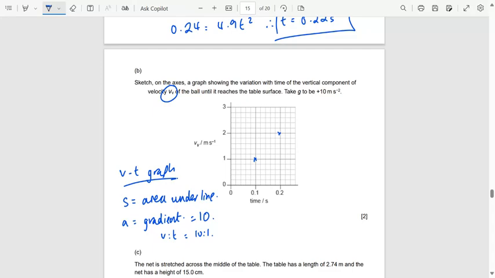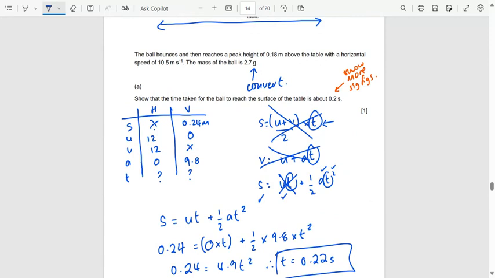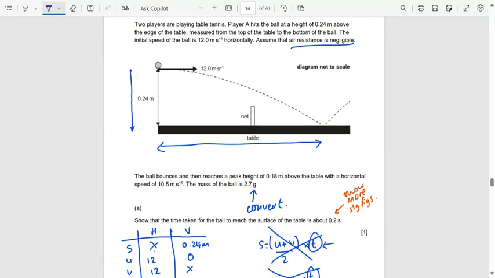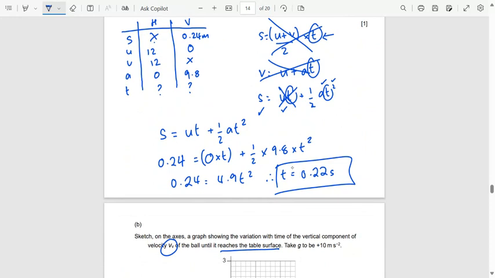How far do I need to go? Do I need to go all the way through, or until it reaches the table surface? So let me just remind myself of the time when it hits the table surface. Show that the time for the ball to reach the table surface is 0.2. So you can either go to 0.2, or if you manage to get it to more significant figures, you can use that as well.